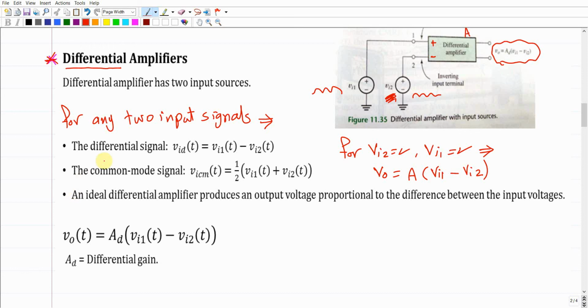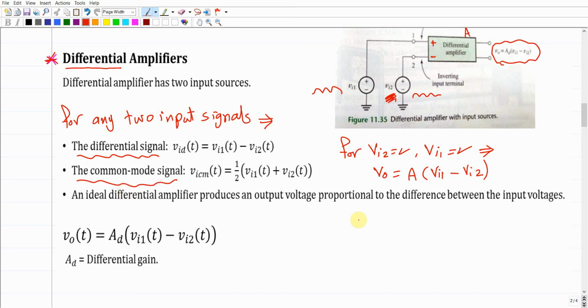From these two input signals, VI1 and VI2, we can end up with another signal which depends on the difference between the two signals or the average of these two signals. The difference between the two signals is known as the differential signal, and the average of these two signals is known as the common mode signal. So we can design an amplifier that gives us the common mode signal, or a differential amplifier that gives us the differential signal.